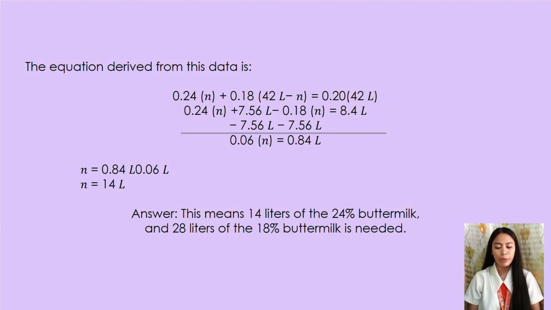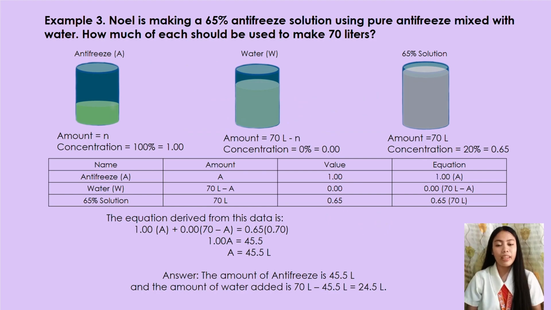And for example number 3, Noel is making a 65% antifreeze solution using pure antifreeze mixed with water. How much of each should be used to make 70 liters? The names of the objects are antifreeze or A, water or W, and 65 solution.